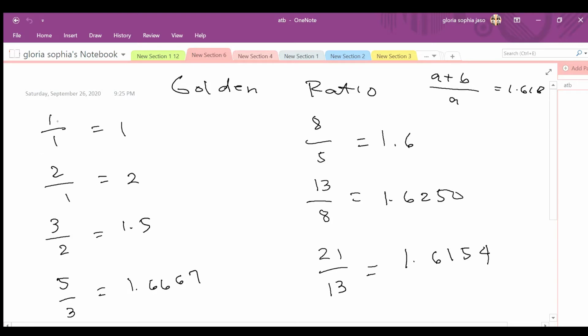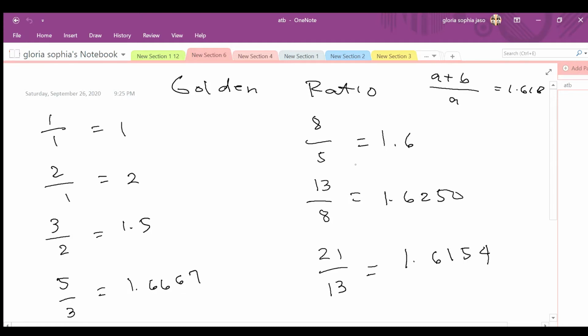So, halimbawa, yung first term natin is 1, then succeeding term is 1. So, ratio niya is 1. So, then yung next term na 2, tapos yung previous term niya na 1, so yung ratio daw is 2. Then 3 over 2, so ang ratio niya is 1.5. Then si 5 over 3, ang ratio niya is 1.667.